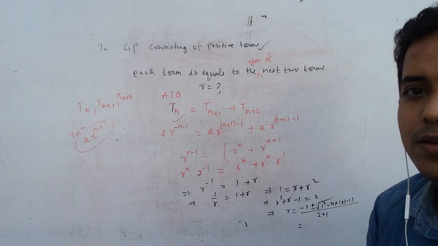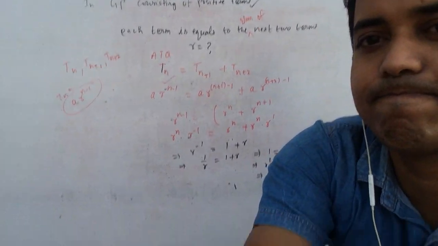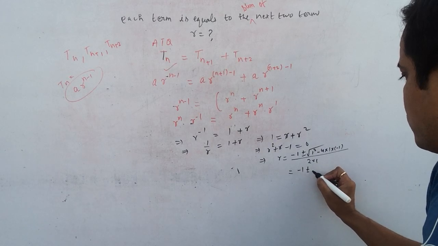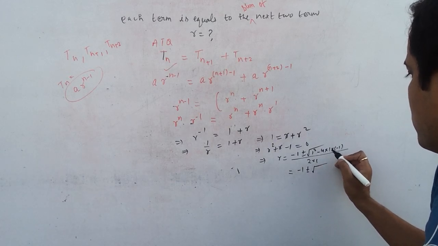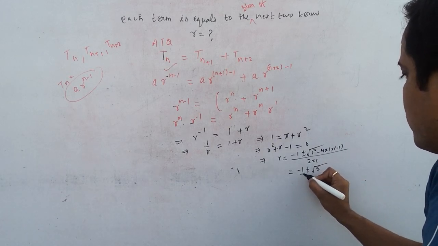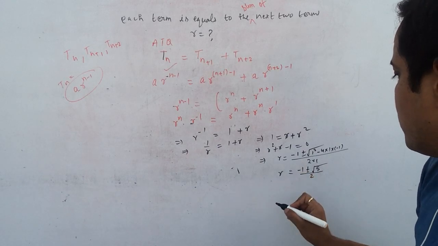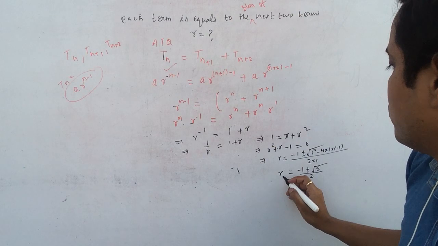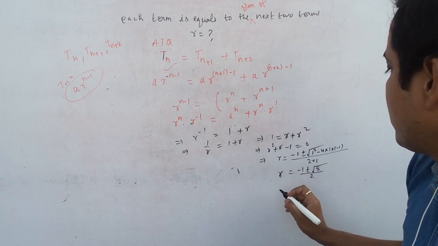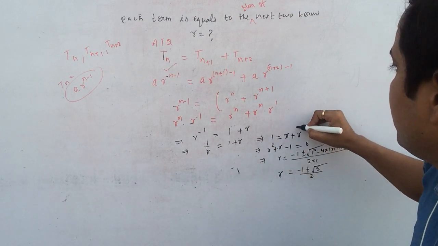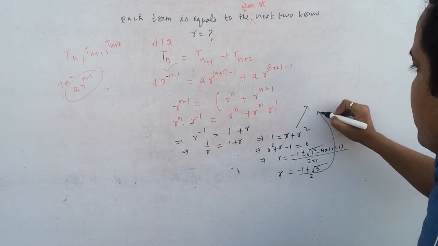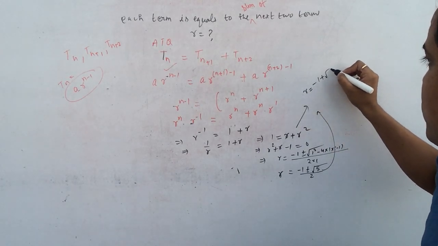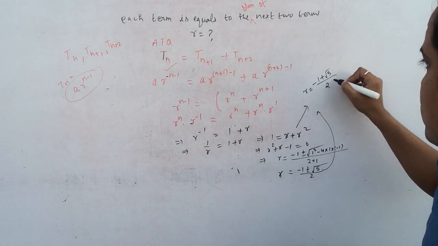So in this way you will get minus 1 plus minus root of 1 plus 4, 5, root 5 upon 2. This is the answer. But since you need positive terms for the geometric progression, the answer would be r equal to minus 1 plus root 5 upon 2.